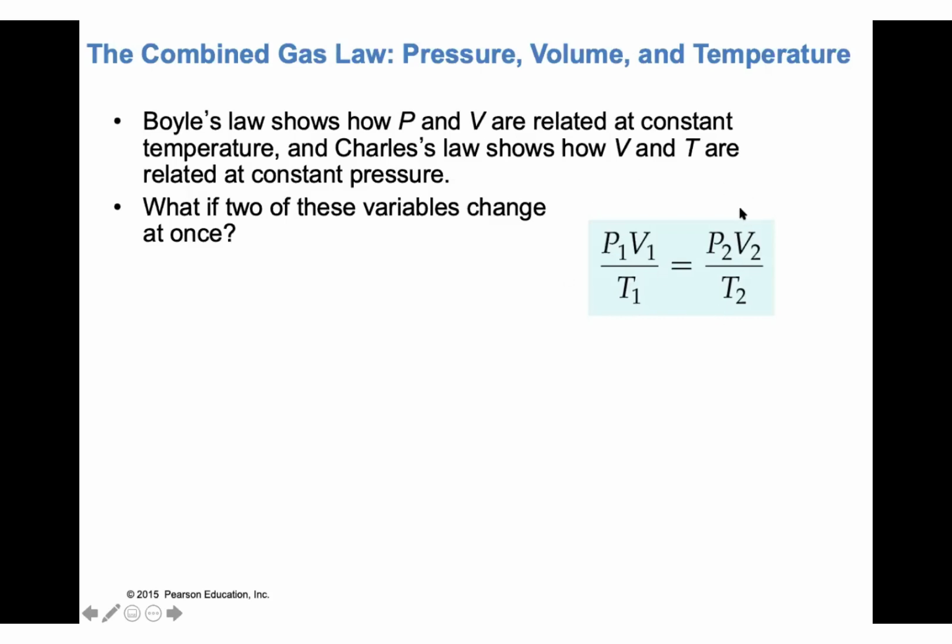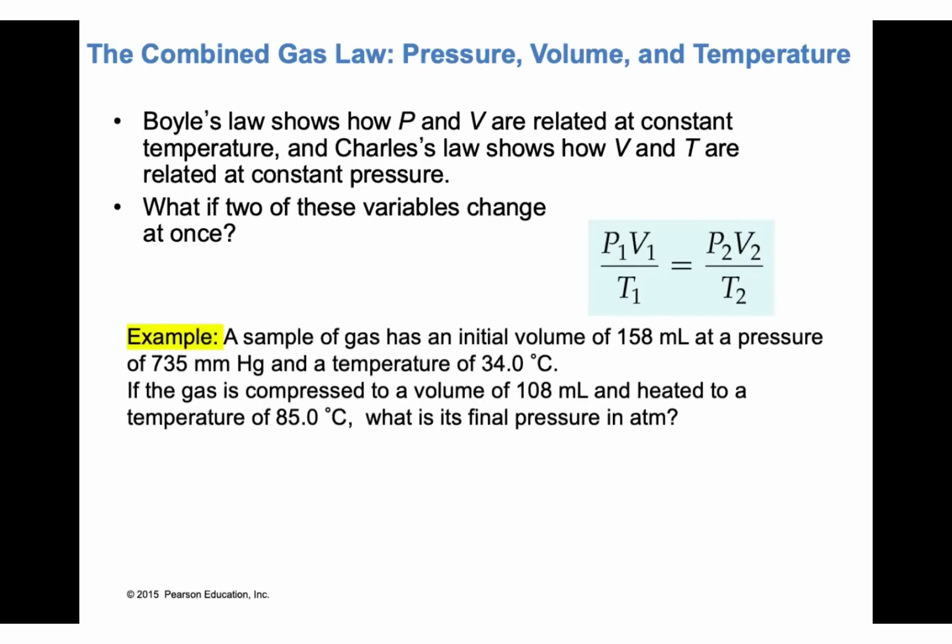So always in the question, you should look for 5 known numbers, actual numbers, and 1 unknown. The unknown can be, for example, T2. So in case T2 is unknown, they should give you P1, V1, T1, P2, V2, and they ask for T2.